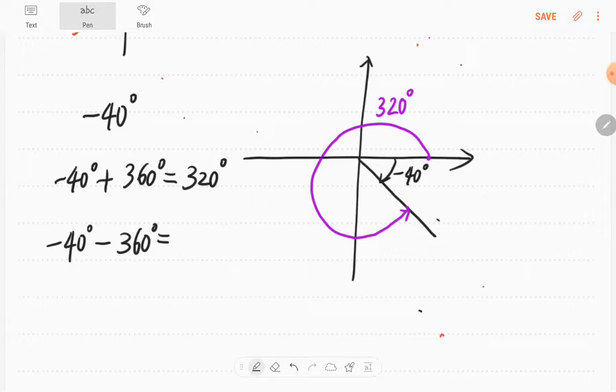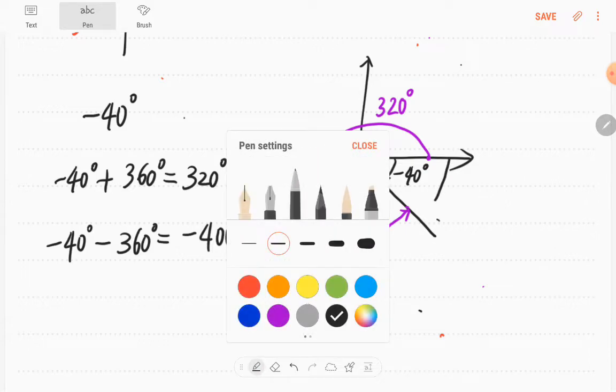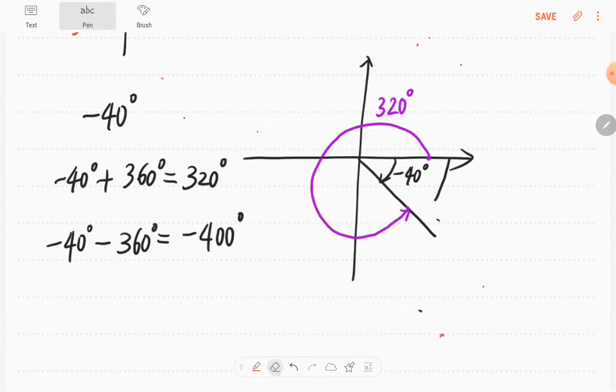So this is negative 400 degrees. How do we do that? We start from here, using another color. This is negative 40 degrees, then continue clockwise by 1 revolution.